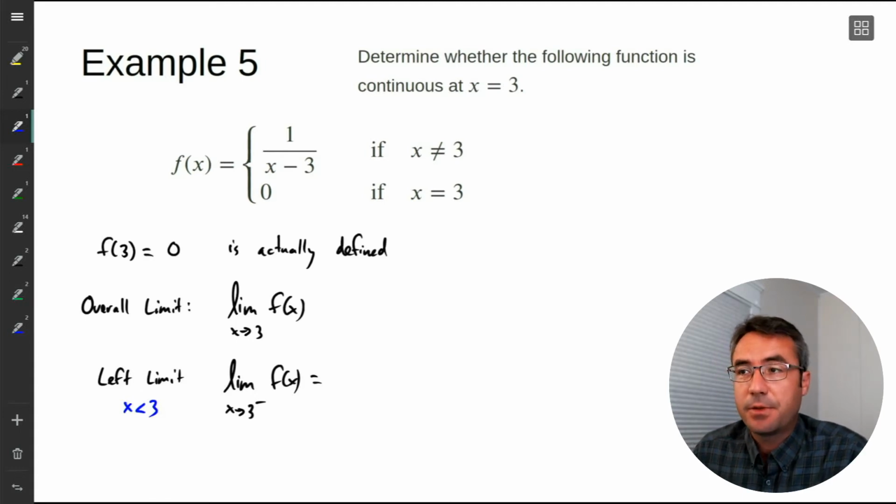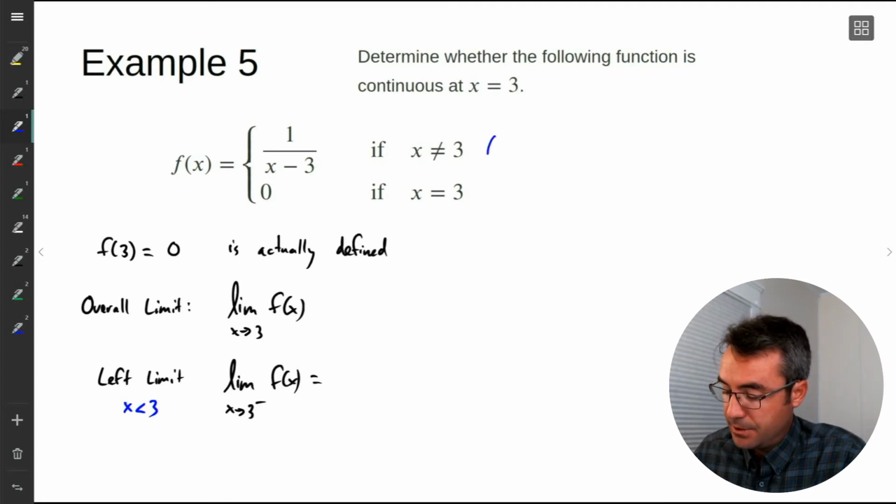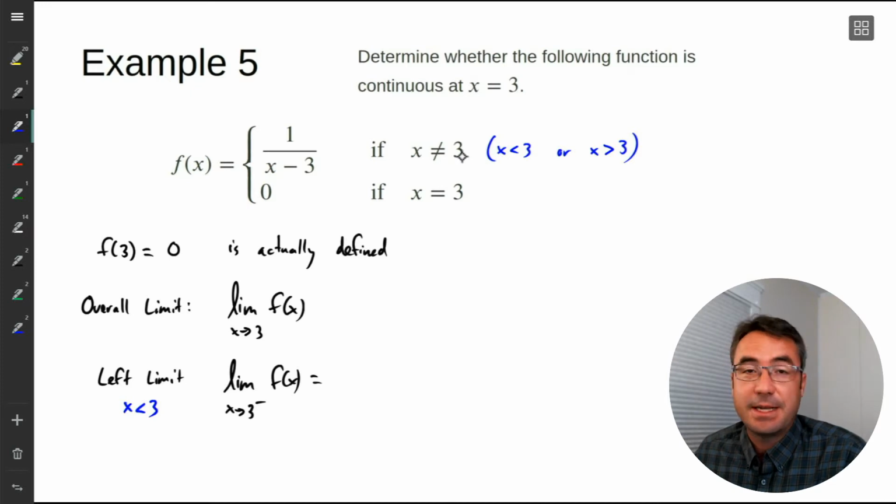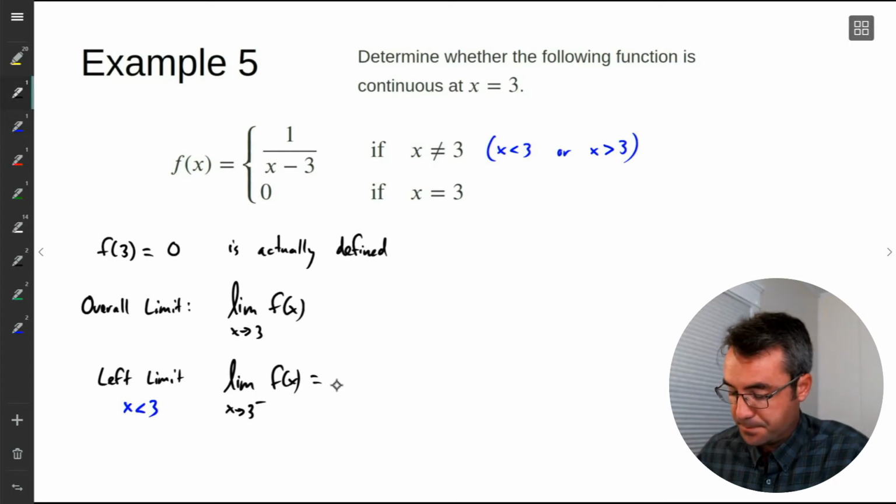So if x is smaller than 3, when we need to decide which piece of our function to use, x less than 3 is covered by this x not equal to 3 piece. Another way to think of this is x less than 3 or x greater than 3. So it's everything except 3. So we're going to use this piece of our function for our left-hand limit.